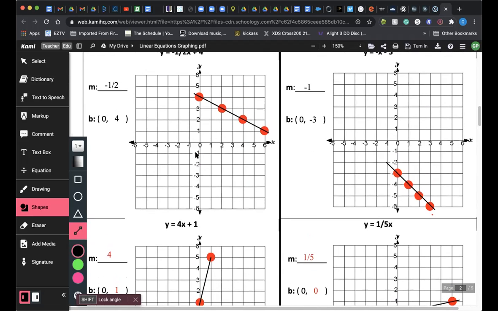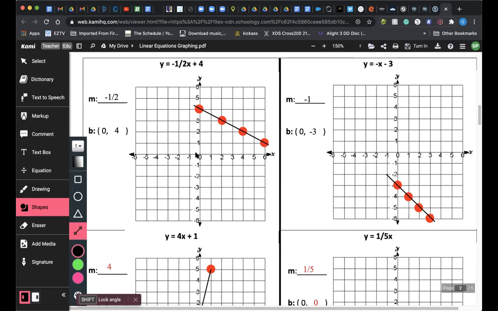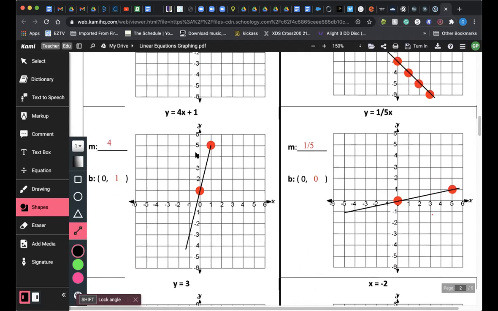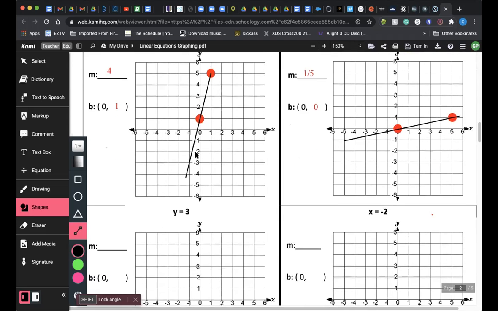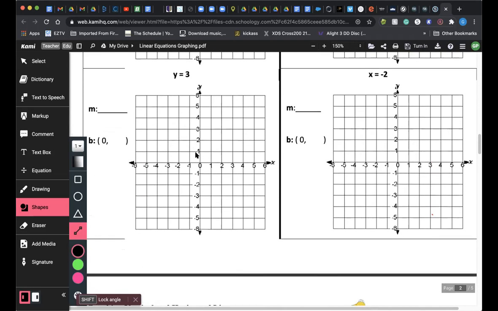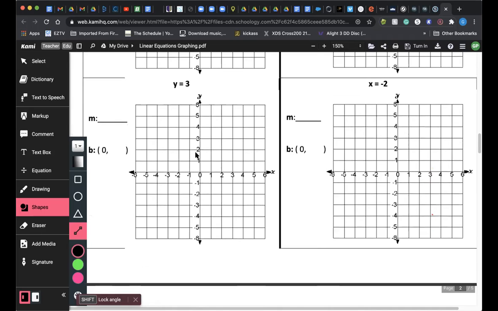Now we're gonna see some really different examples, all right? Prepare yourself. These are special cases, all right? So this one says that the line is y equals 3. So I don't have an x, that means I don't have a slope, all right?